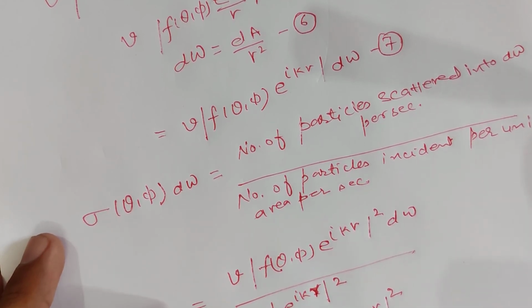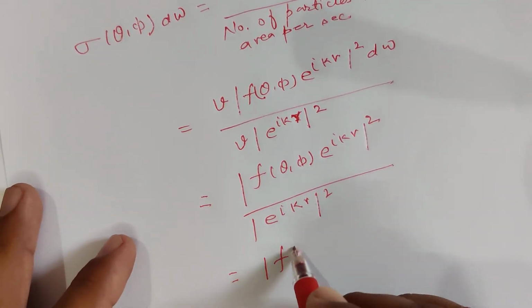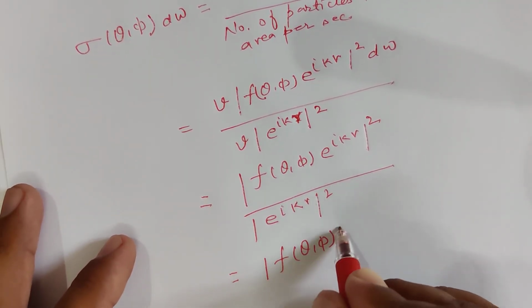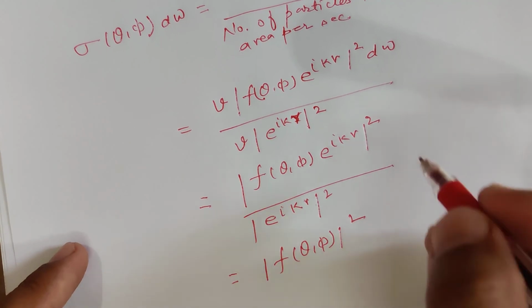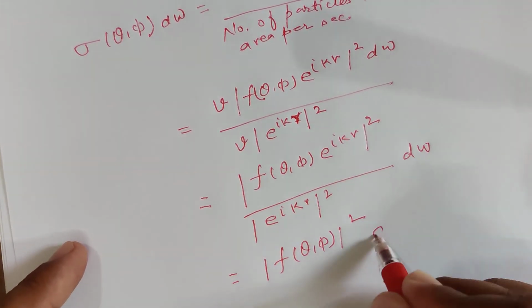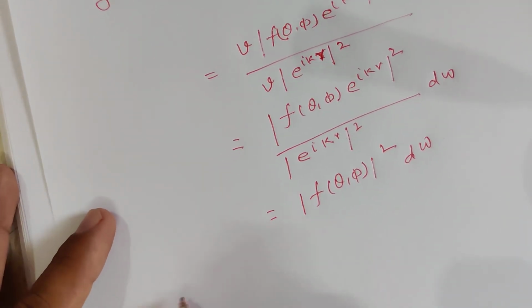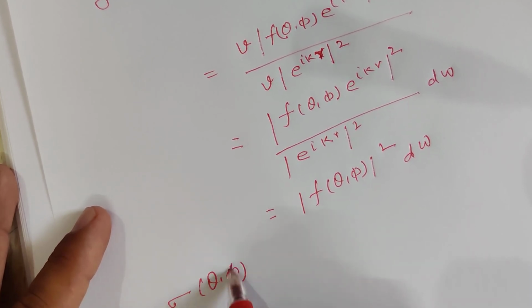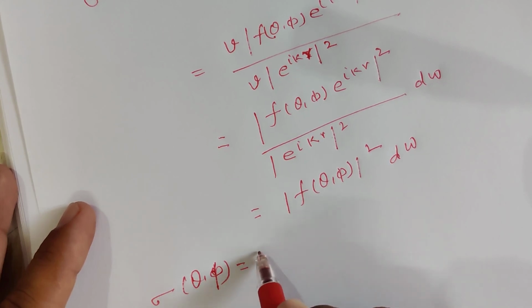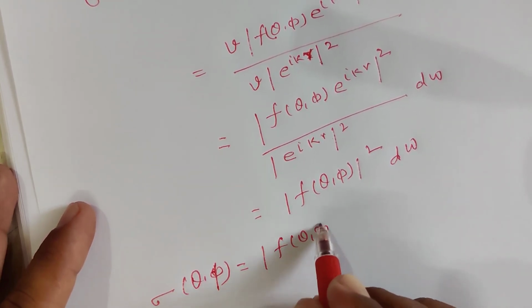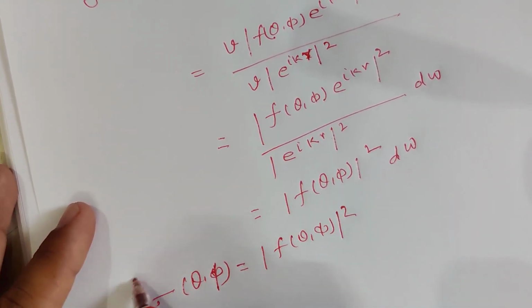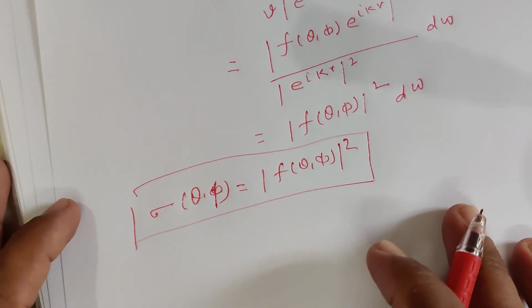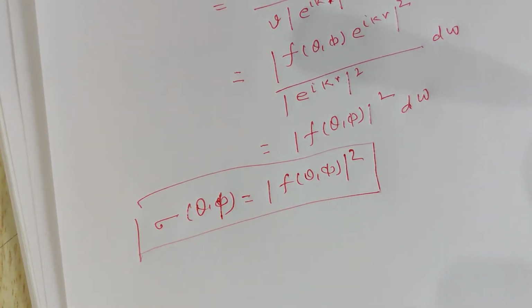This equals |f theta phi| square, or we can say sigma theta phi equals |f theta phi| square. This is the relation between scattering cross section and scattering amplitude.